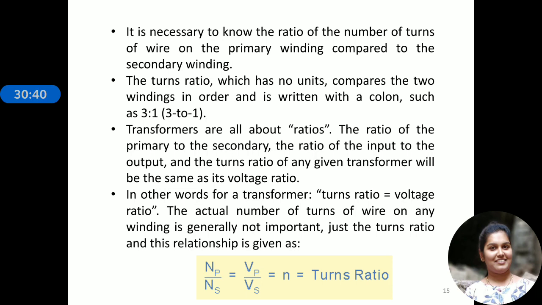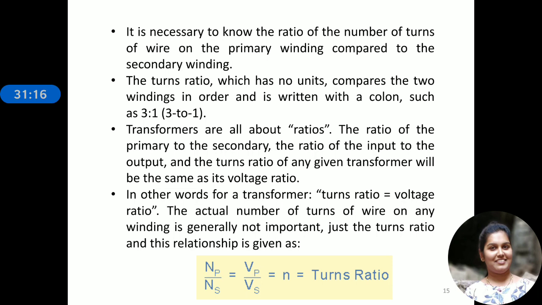So here another point to be noted is that the order of the numbers when expressing a transformer's turns ratio value is very important, as the turns ratio 3:1 expresses a very different transformer relationship and output voltage than one in which the turns ratio is given as 1:3. So there will be a very huge difference if we represent it as 3:1 or 1:3.